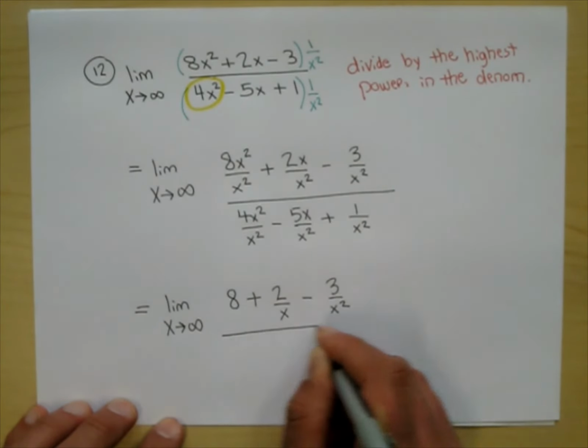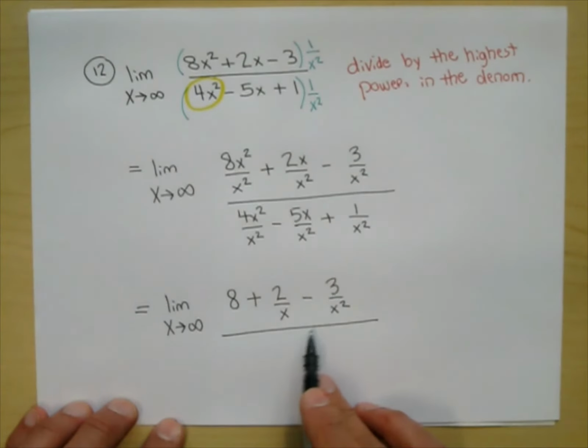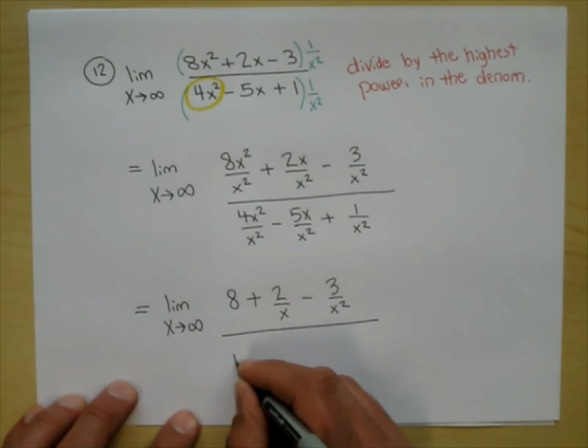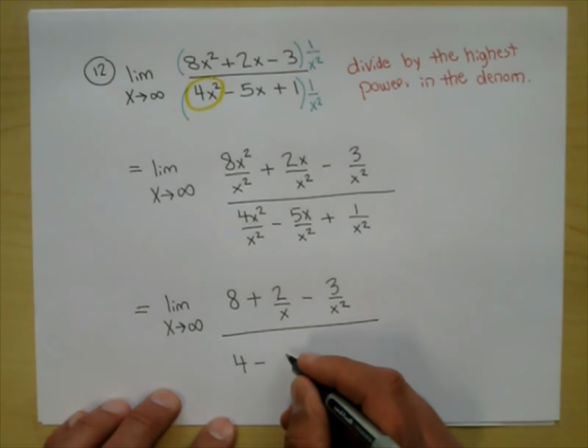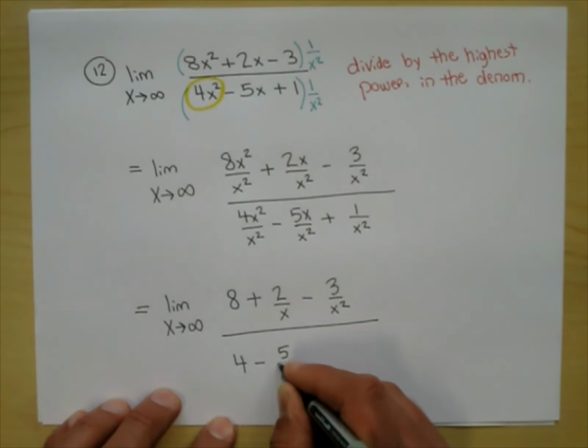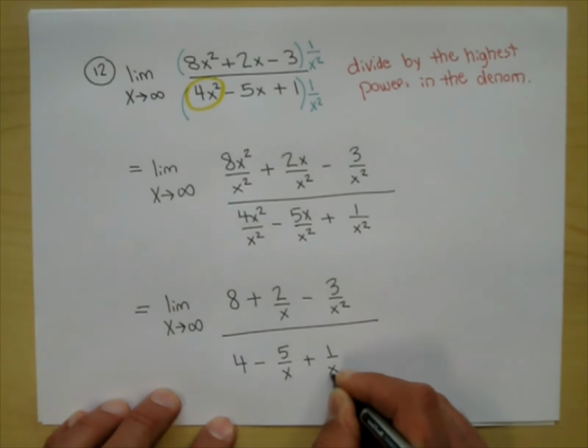That's what's on the top. Looks like we've ruined this rational function here, and now we've made it look really ugly. But beauty's in the eye of the beholder, so watch out using those words. So 5 over x plus 1 over x squared.